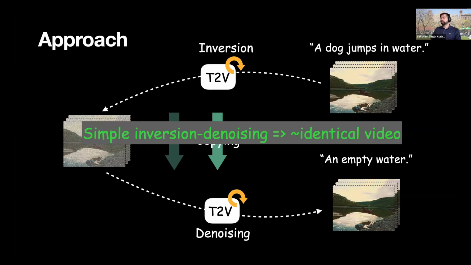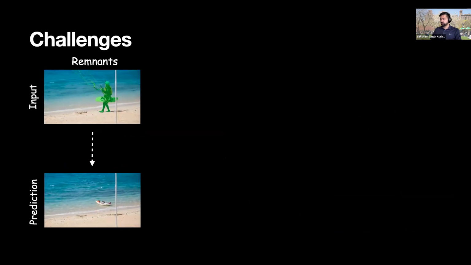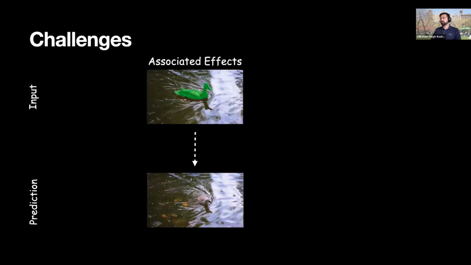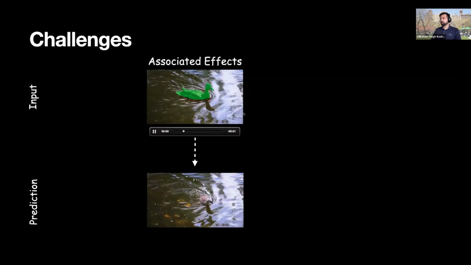So in this project, we found some technical challenges and we systematically tried to remove them. We think an effective object removal in videos should leave no remnants of the objects in the video. When we are removing an object, we also want to remove its shadow or reflections.